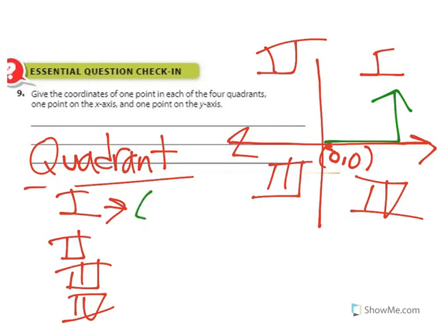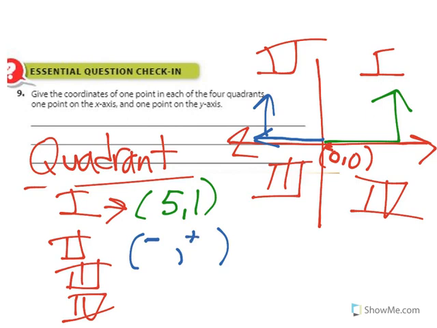So just make sure you have 2 positive numbers here. That could be anything. All right, so quadrant 2, what does that mean? Changing the color, it means you're going to go negative first, and then you go up. So whatever number you have, it's going to be negative first, and then the second number is going to be positive. All right, so that's all you have to do there.